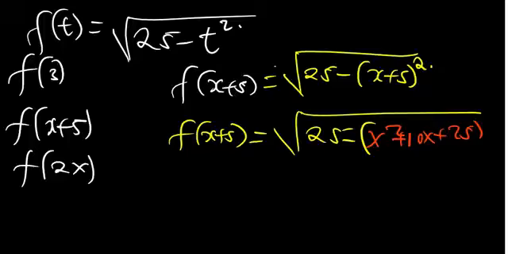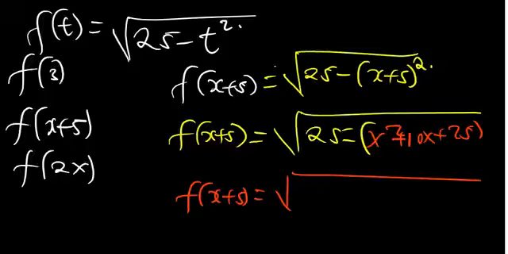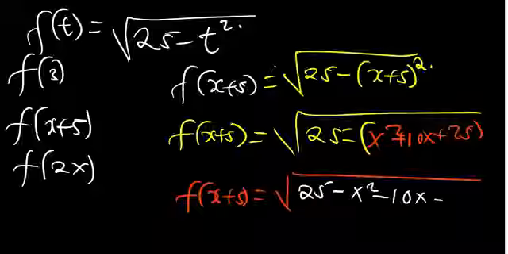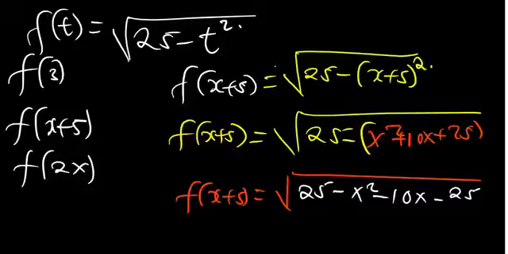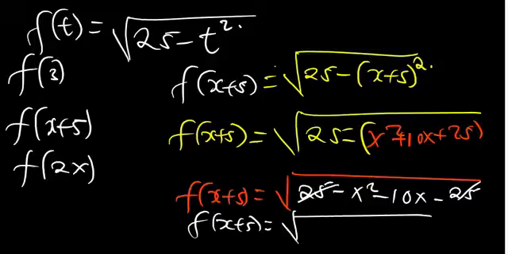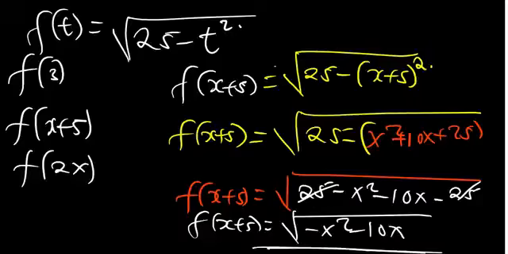Now from here we can see that f of x plus 5 is going to be the square root of 25 minus, distributing now, the negative gives minus x squared minus 10x minus 25. Now 25 minus 25 cancel out, it's going to be 0. Then we are going to have f of x plus 5 equal to the square root of negative x squared minus 10x. Okay, so this is the final answer for part 2.